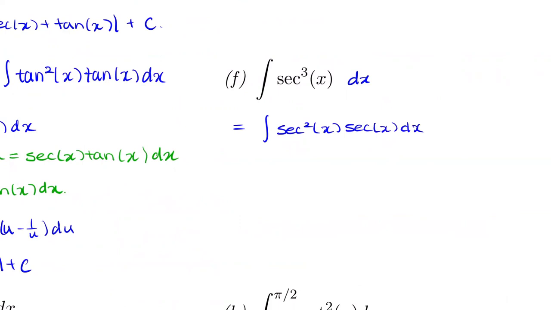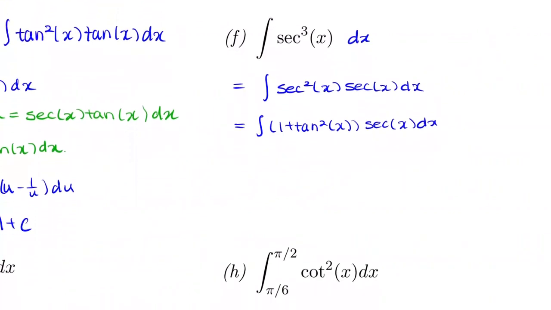So I'm going to do the substitution that secant squared of x is also the same as 1 plus tan squared of x, and a secant of x dx. Then I'm going to do the substitution for tan. So I'm going to say let u be tan of x.